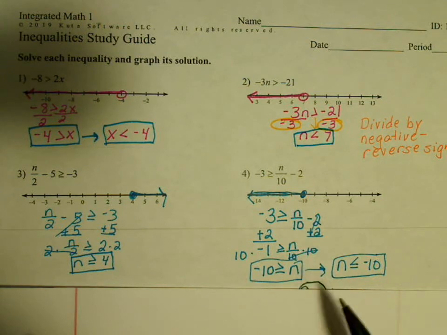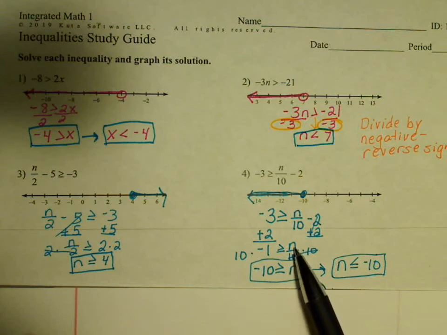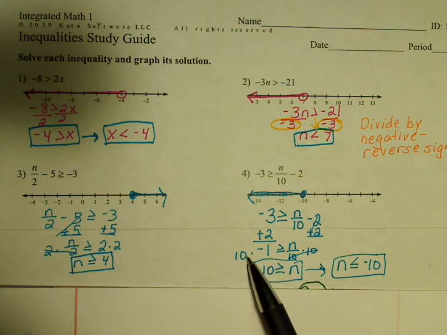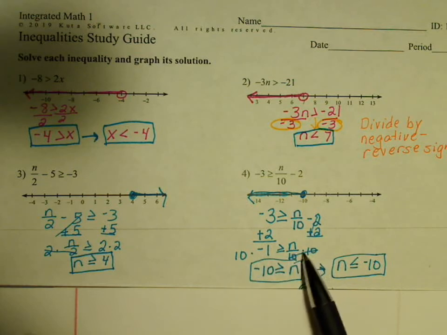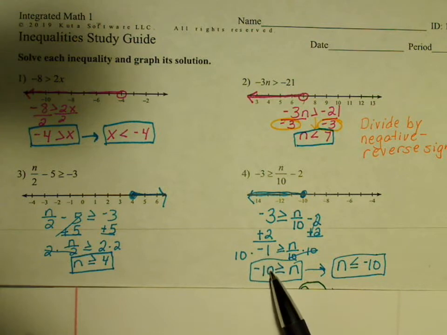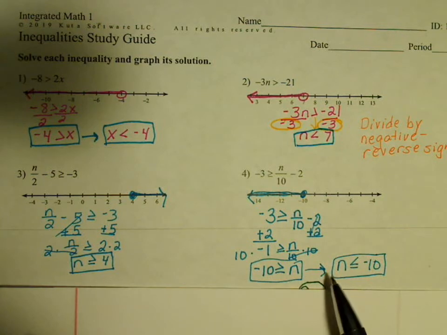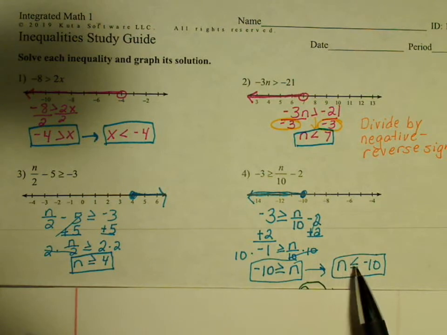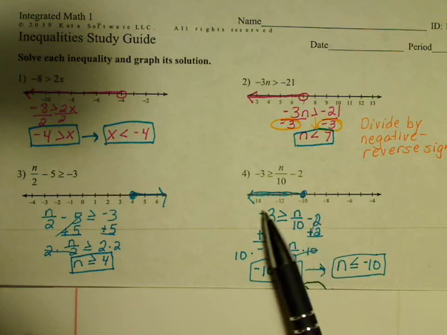Now I want to isolate my variable, so I do the inverse of division and multiply both sides by 10. Cancel, I get n, and 10 times -1 is -10. To help me graph it correctly, I'm going to flip it over. So I flip and change the sides here and reverse my inequality sign. And that's a closed circle highlighting to the left.